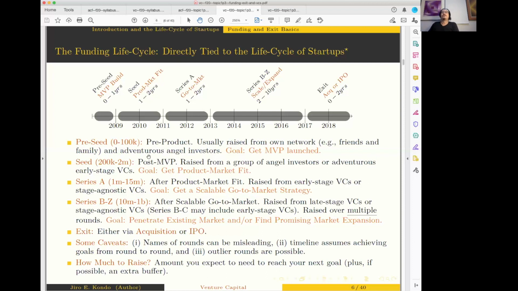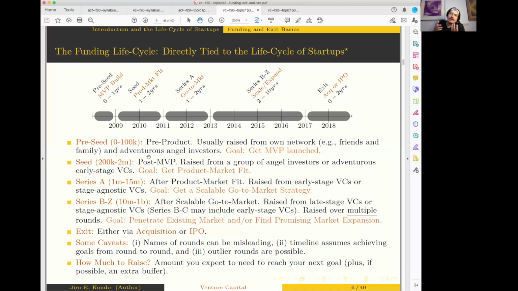All I'm going to do here is give you a practical description of how funding rounds differ and evolve as a startup matures from really early stage to later, as things hopefully continue to go well.